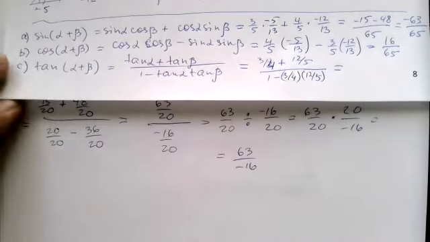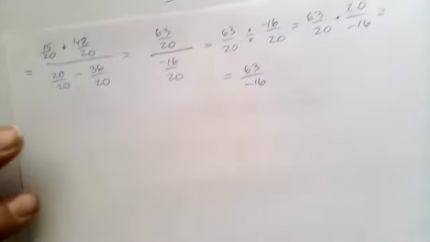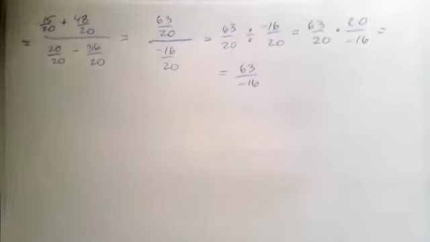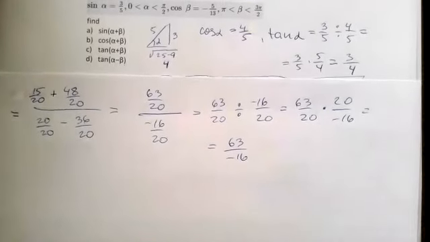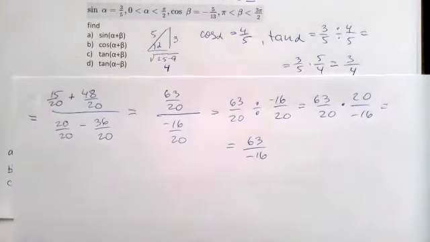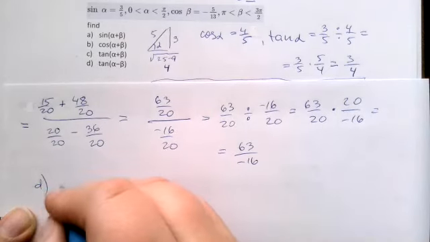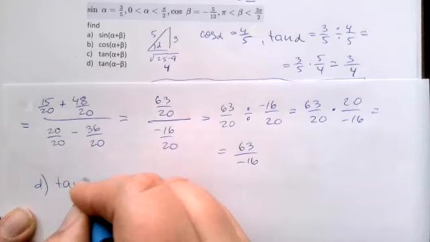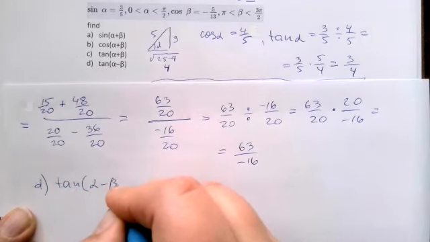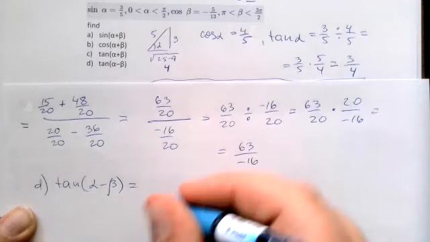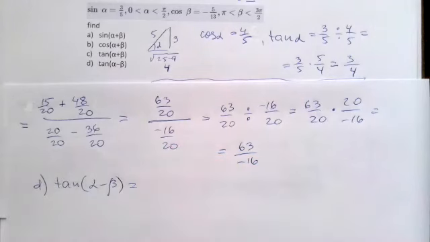The last question that we have is question D. So let's answer question D. Question D is tangent of alpha minus beta. So again, it's just plugging in the values into the formula, writing out the formula first and then plugging in the values.